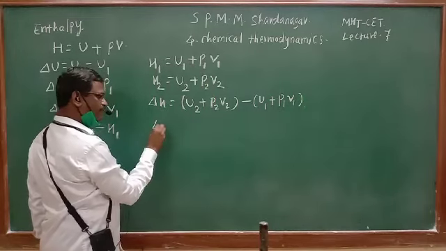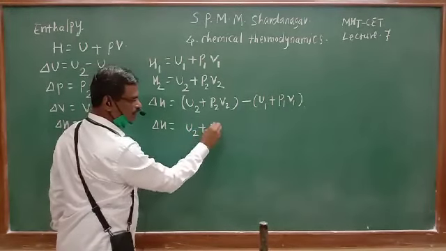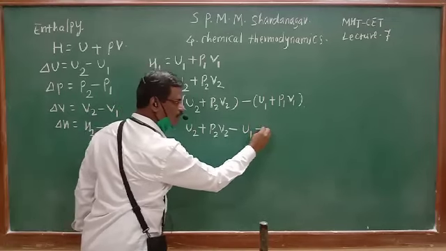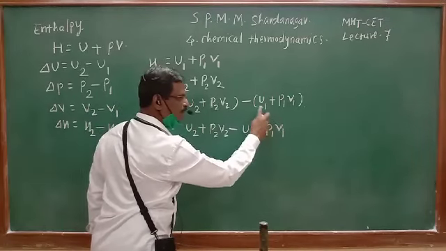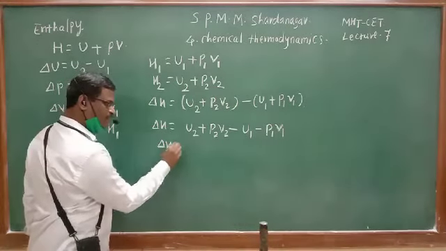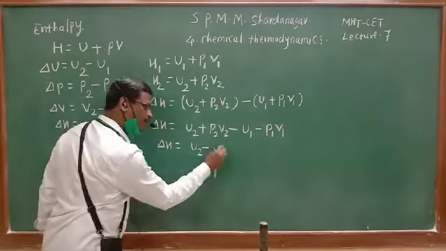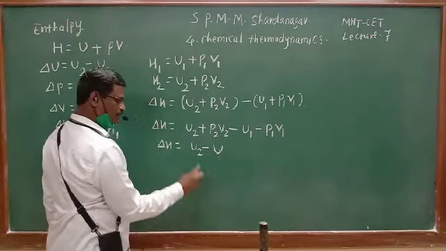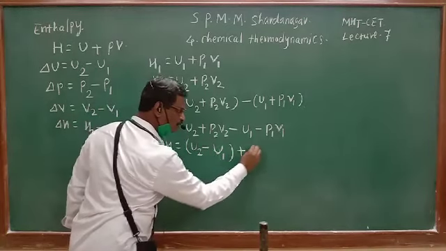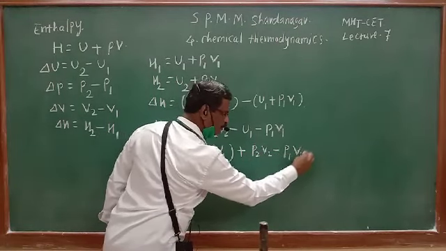Now solving that bracket, delta H is equal to U2 plus P2 V2 minus U1 minus P1 V1. Bracket I have solved. Now taking similar terms together, we can write delta H is equal to U2 minus U1 plus P2 V2 minus P1 V1.